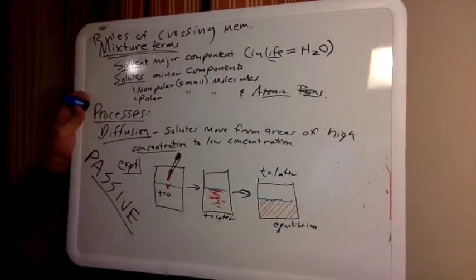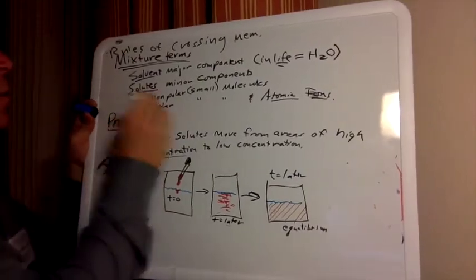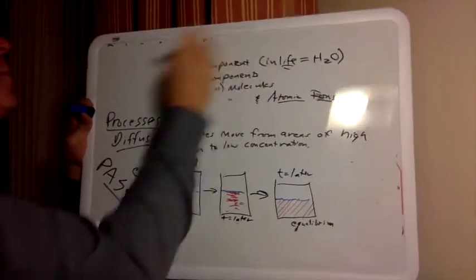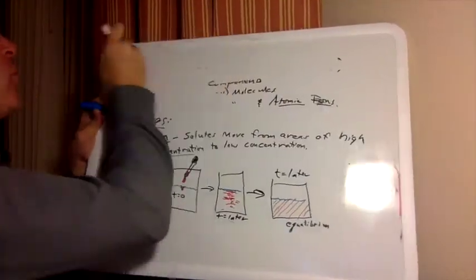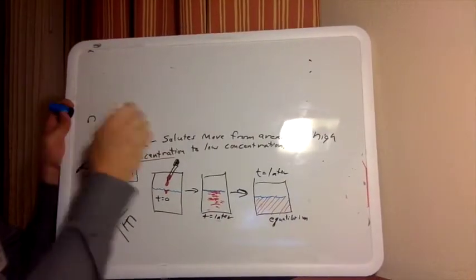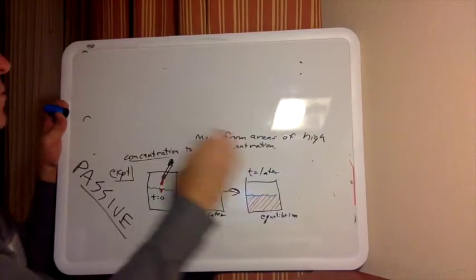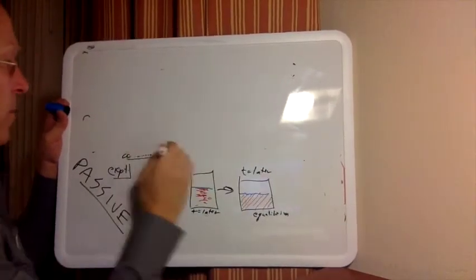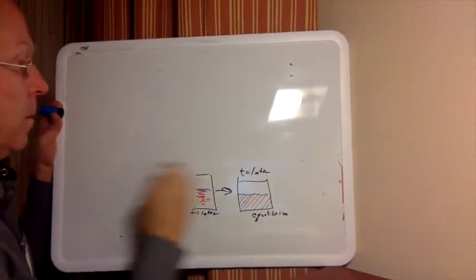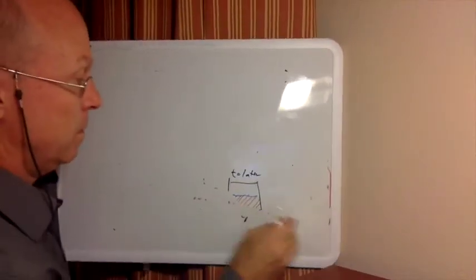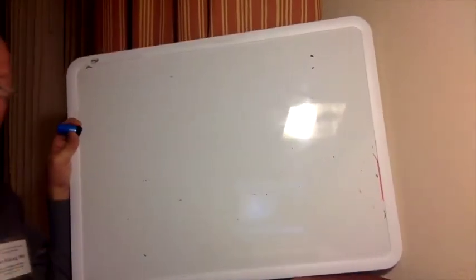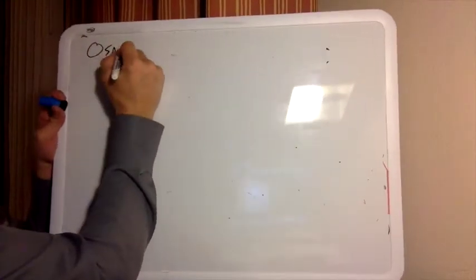Now we've got to keep this party going and do the other one. It's great you guys have done a lab on this one already, so you should be very, very solid with these processes. There's diffusion, and here comes osmosis.